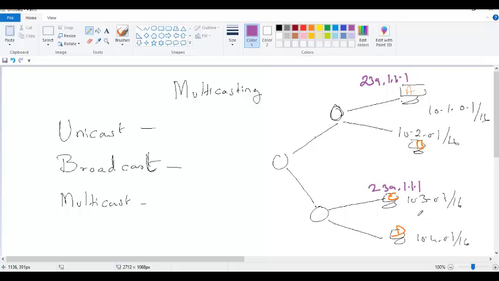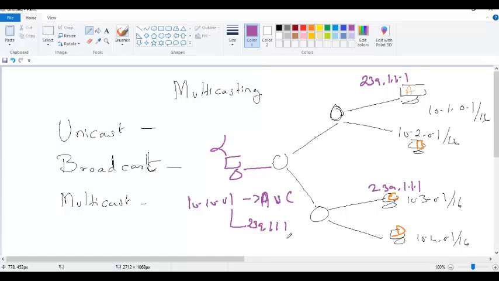I repeat, if I want to send a packet from alpha, which is in 10.10.0.1, to both A and C, all that I need to do is send to this address. Only A and C can receive it.